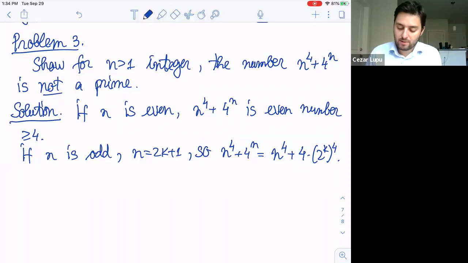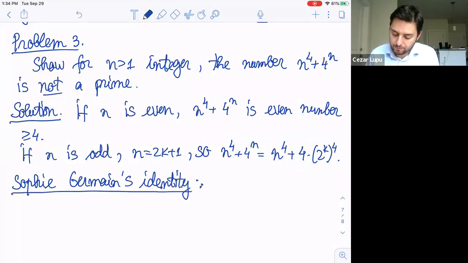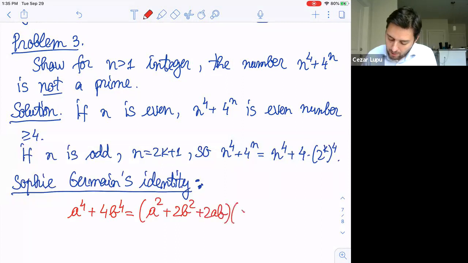That's my trick. And now there is an identity which will come to the rescue, called Sophie Germain's identity, which says the following: a to the 4th plus 4 times b to the 4th has a decomposition, which is a squared plus 2b squared plus 2ab times a squared plus 2b squared minus 2ab.